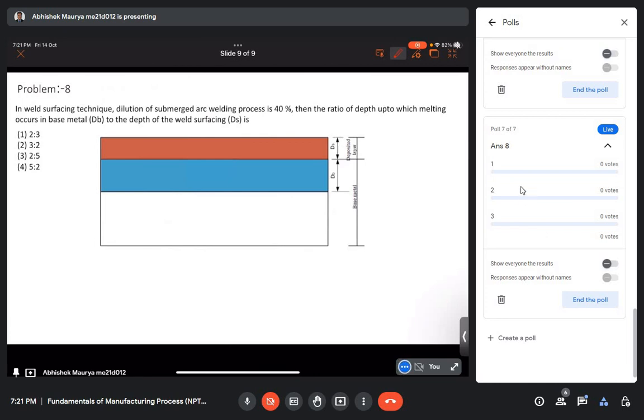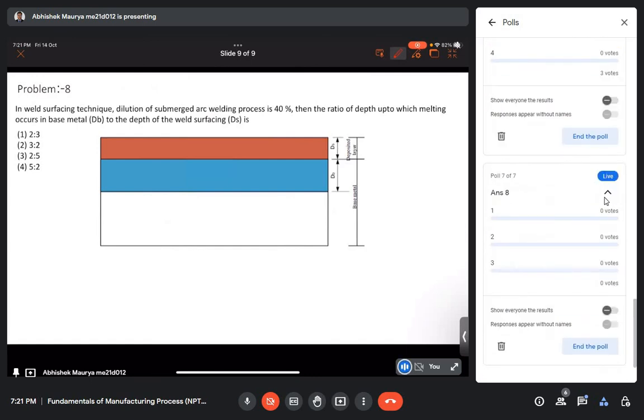Yes, polls are live. You can give your response in the polling section.